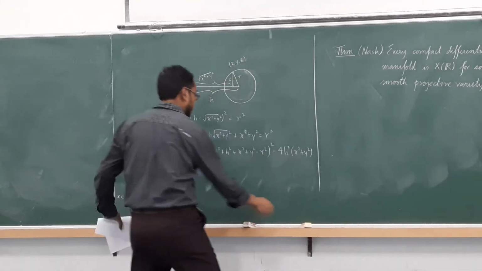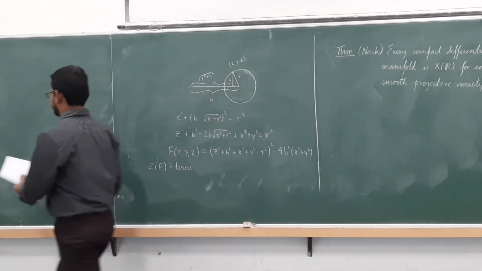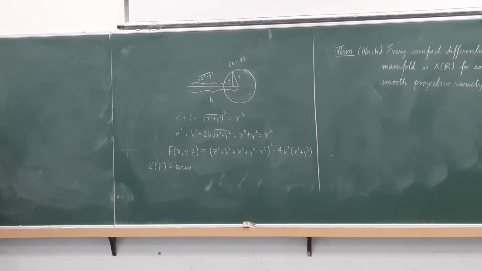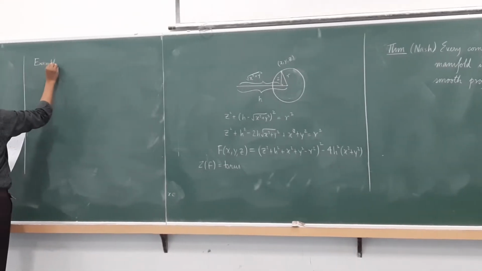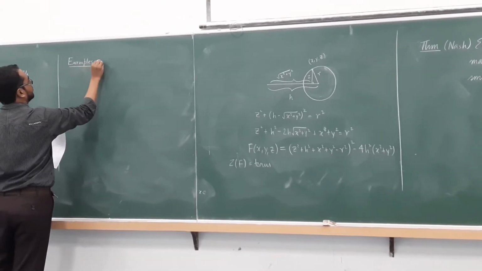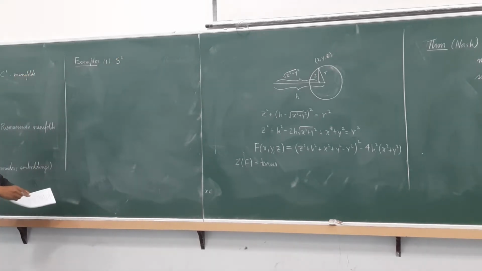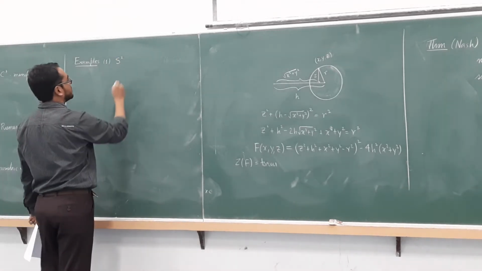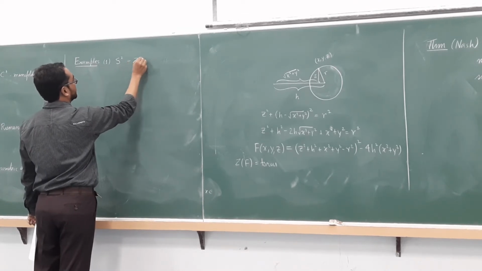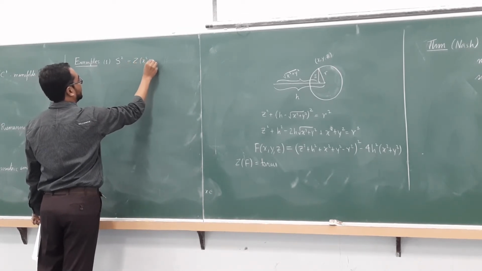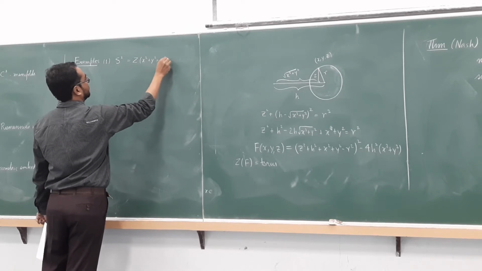So let me write down the examples. Example one: S^2. Let's start with the easiest one. What is the definition of S^2? This is basically the zero set of x squared plus y squared plus z squared minus 1, right?